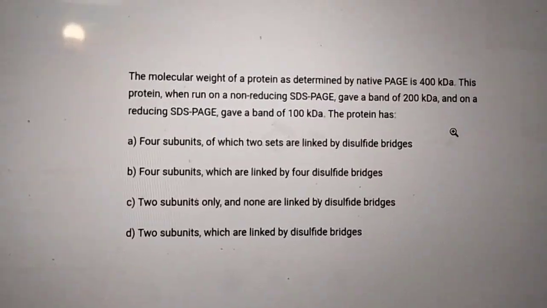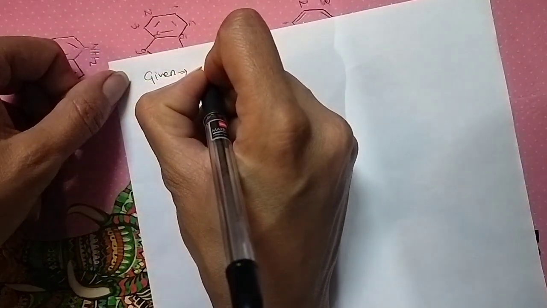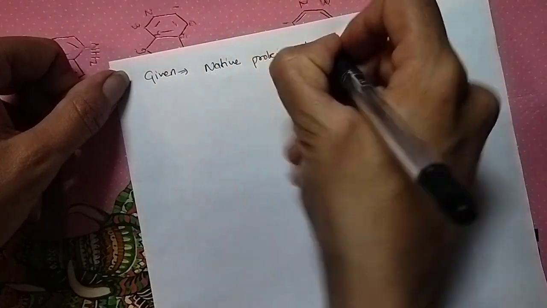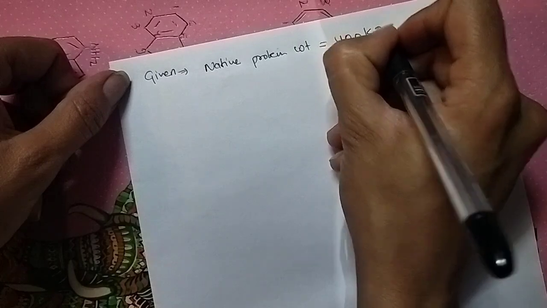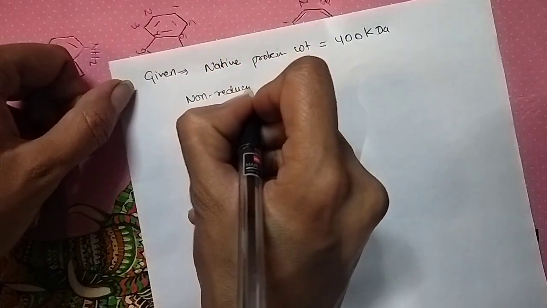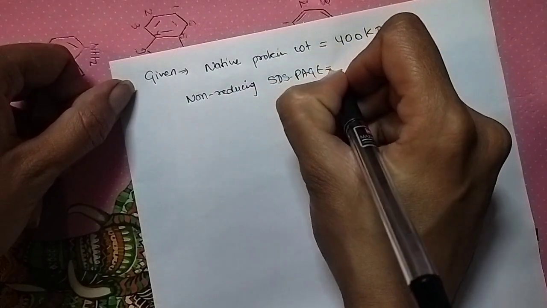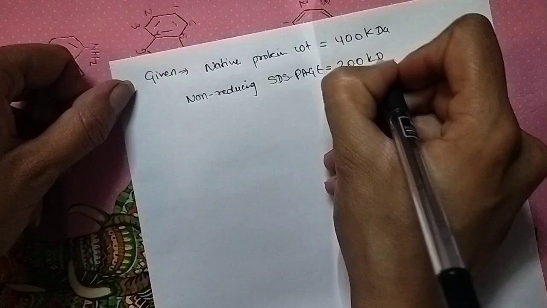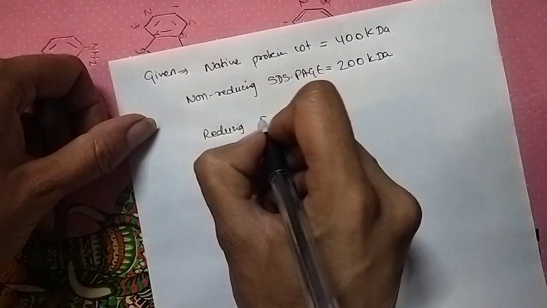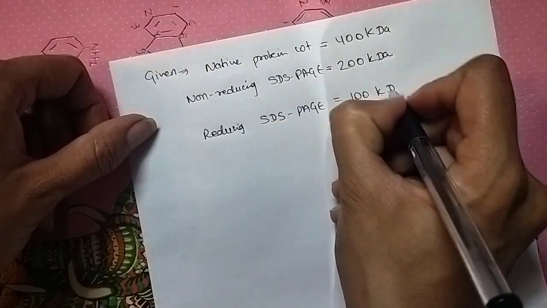So let us solve this. So given, native protein weight is 400 kilodalton. Non-reducing SDS-PAGE gives your 200 kilodalton band, and reducing SDS-PAGE gives you 100 kilodalton.